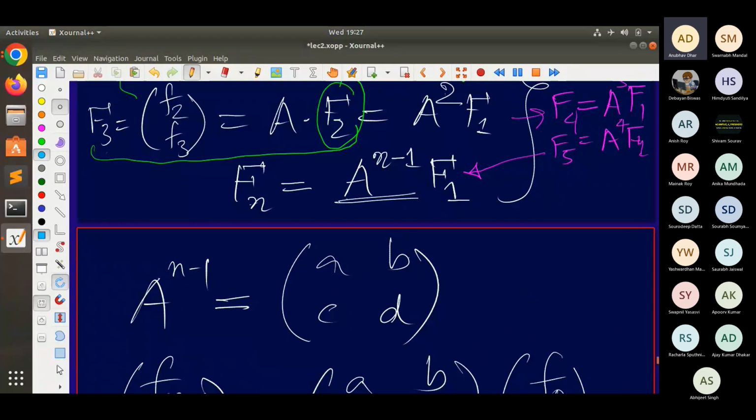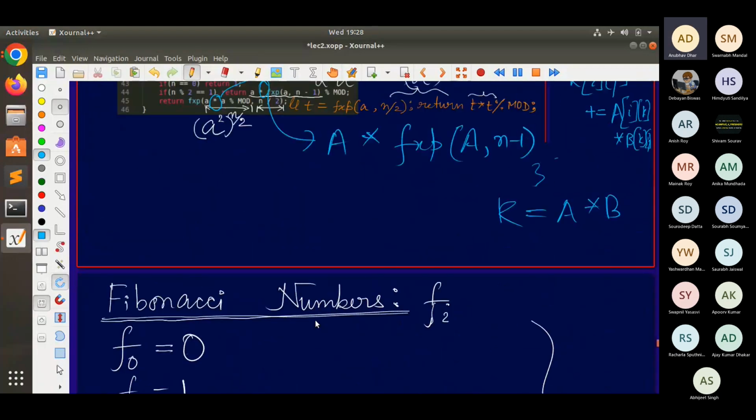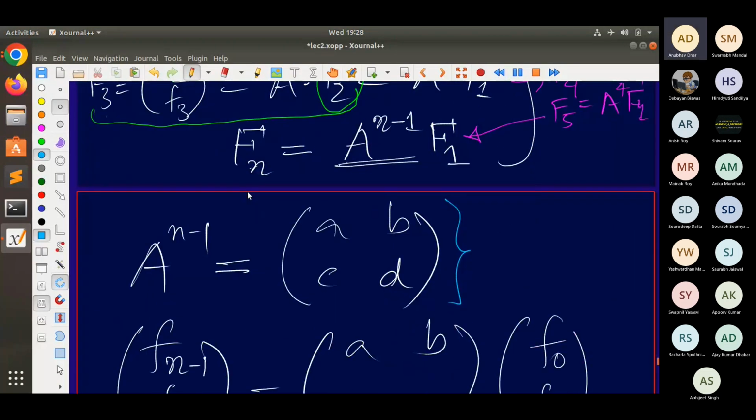Okay, now the thing is, if you can compute this A power n minus 1 using this fast matrix exponentiation that I was talking about, and let's say you get a 2 by 2 matrix of the form A, B, C, D. So you're guaranteed to get a 2 by 2 matrix, right? Any n by n matrix raised to some power, its dimensions remain the same, right?